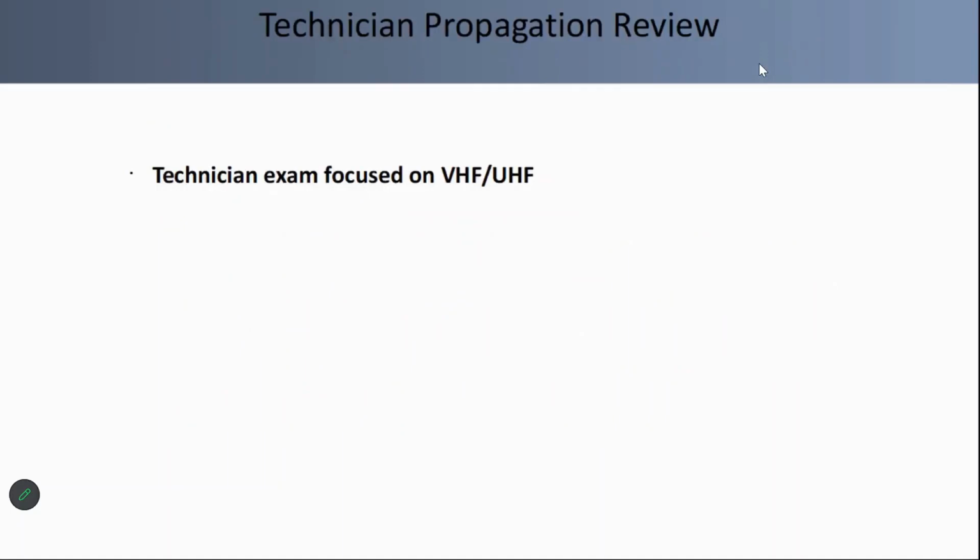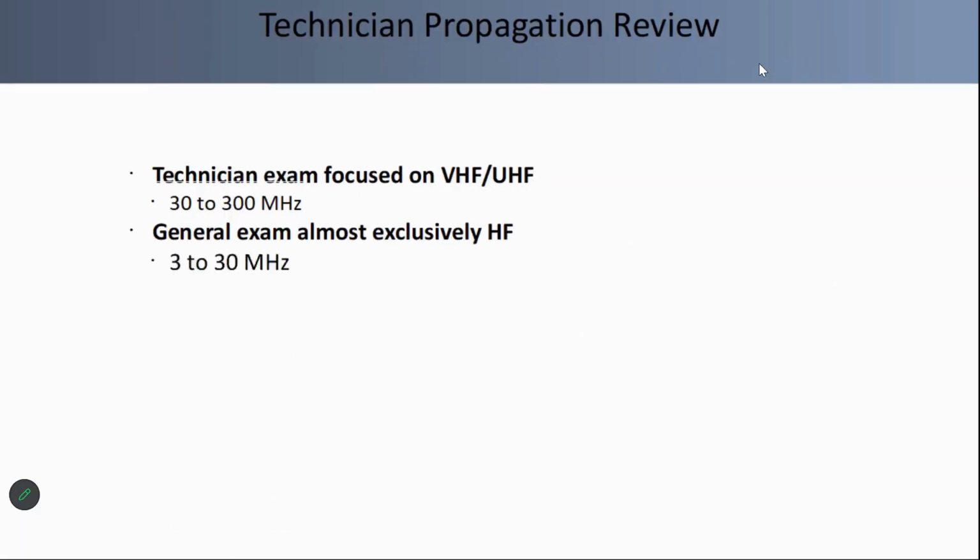Many of the radio wave propagation concepts covered in the Technician class exam dealt with radio waves in the VHF/UHF range, 30 to 300 megahertz for VHF, and 300 megahertz and higher for UHF. In contrast, the General class exam focuses almost entirely on propagation in the HF range, that is 3 to 30 megahertz, as a refresher for you.